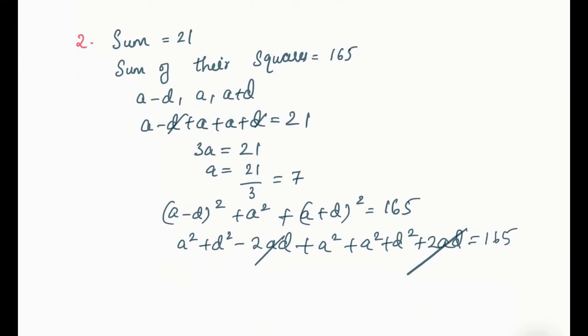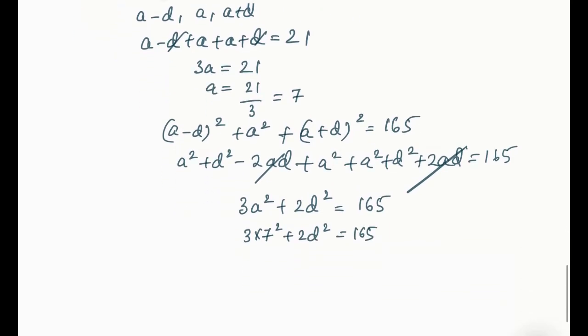So you have 3 times a square plus 2 times d square equal to 165. What is a? a is 7. So 3 times 7 square plus 2d square equals 165.